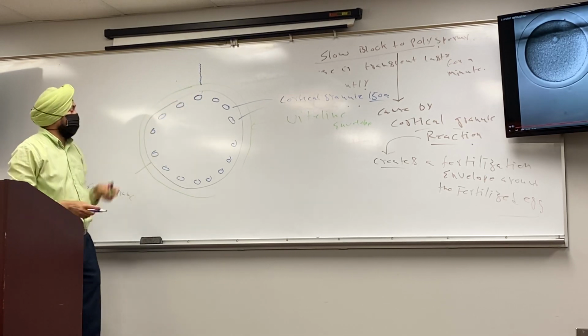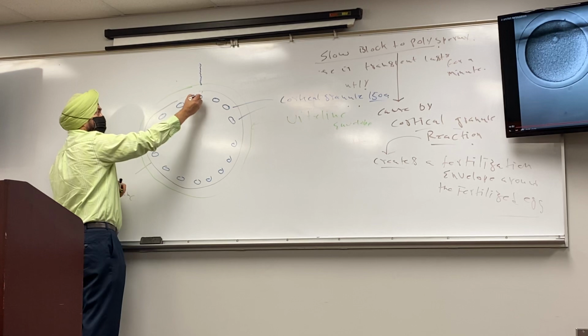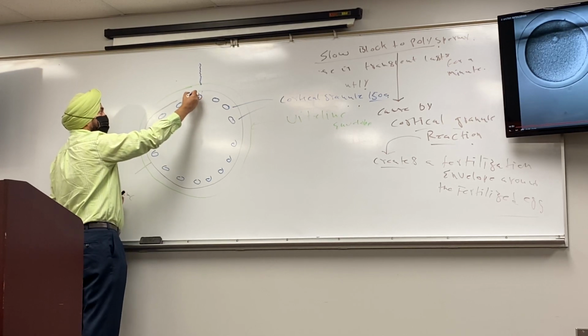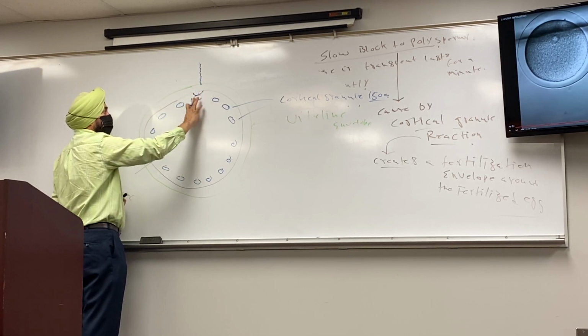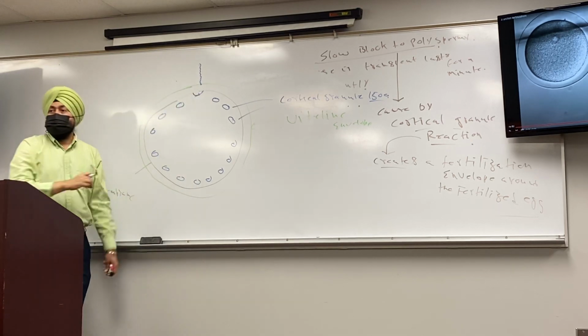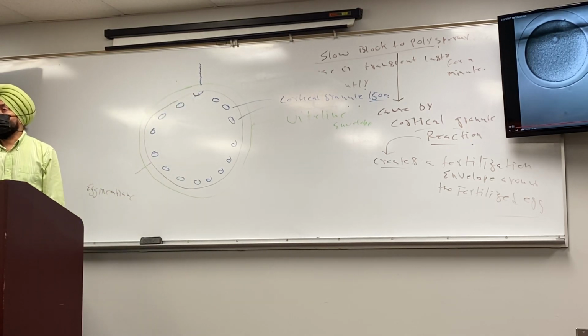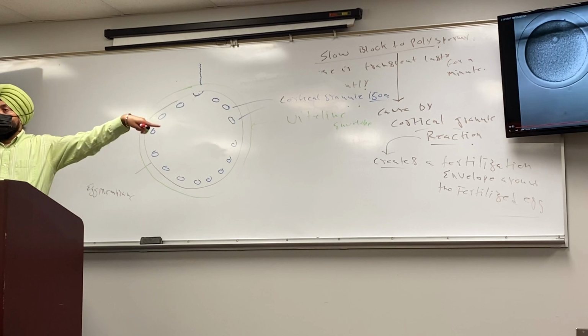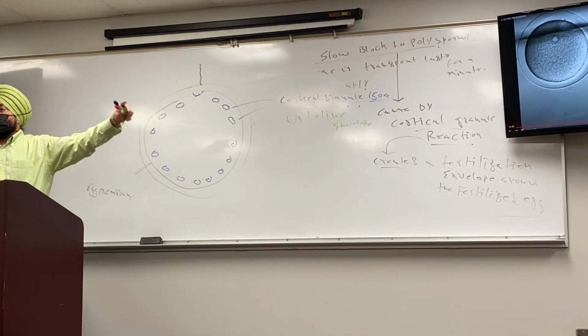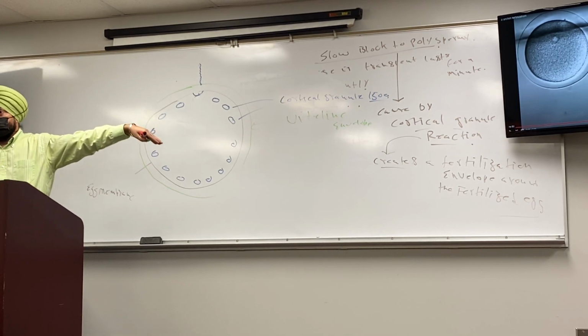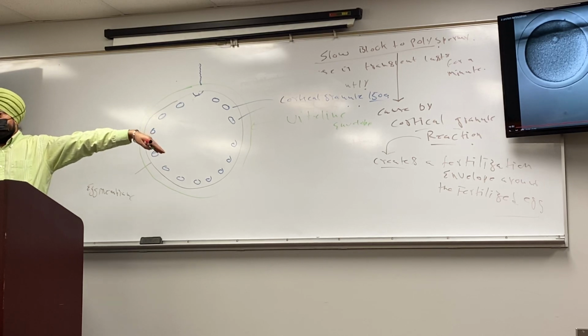Right here, the cortical granule will move and fuse with the membrane of the egg, after the sperm has fused with the egg membrane. Now you don't want any more sperm to enter.